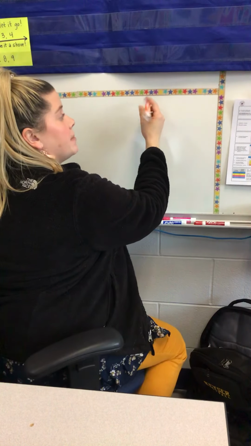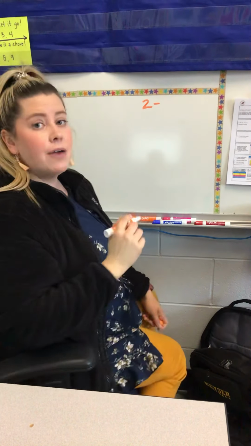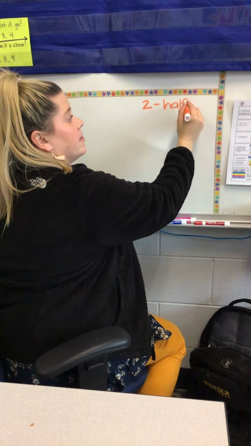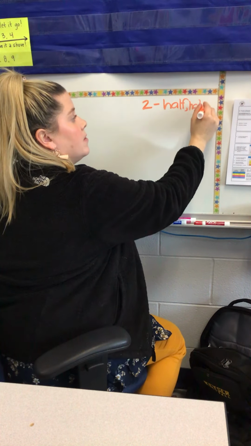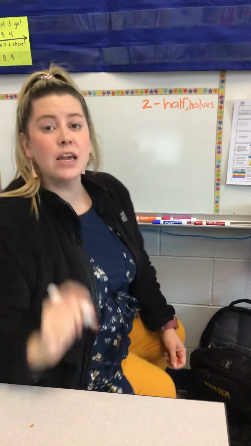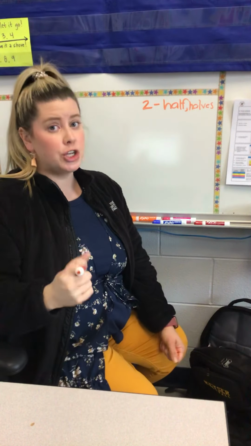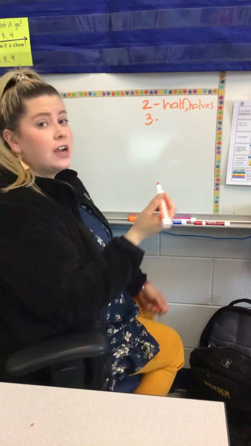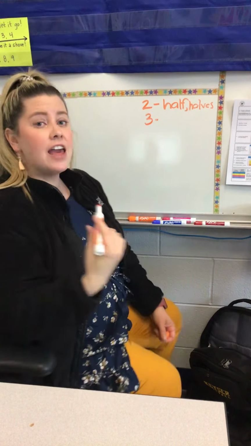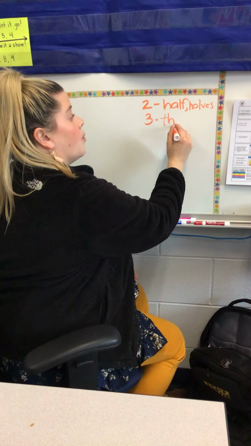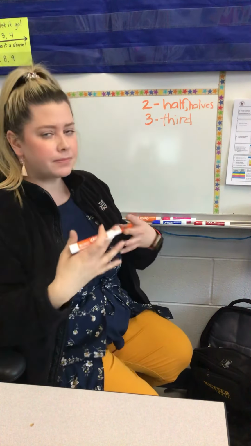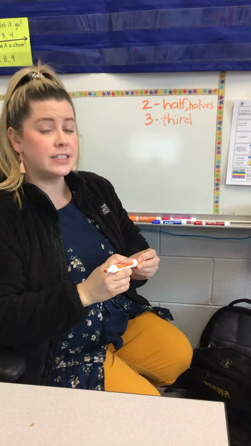So if my denominator is a 2, I would say half or halves. Okay, so I would say 1/2 or 2 halves. If my denominator is a 3, then I would say third, 1/3, 2/3, 3/3, depending on what my numerator is.